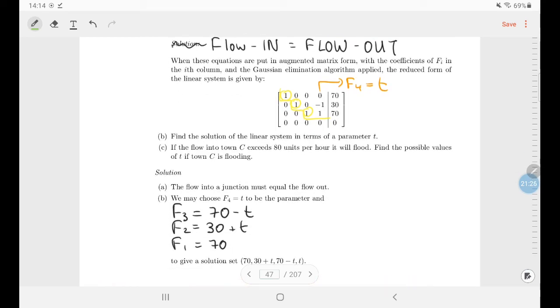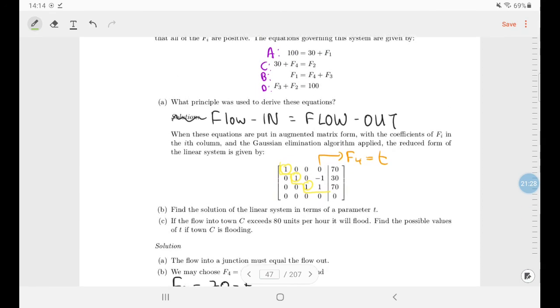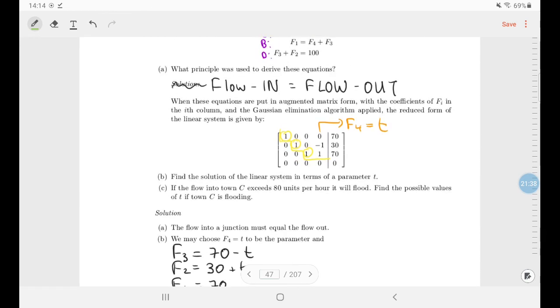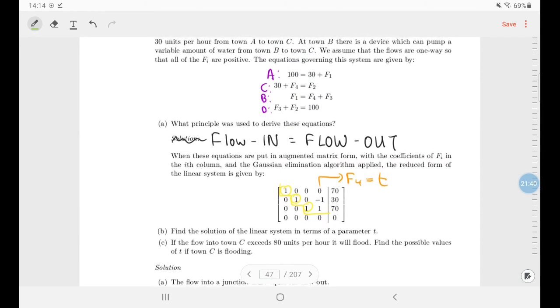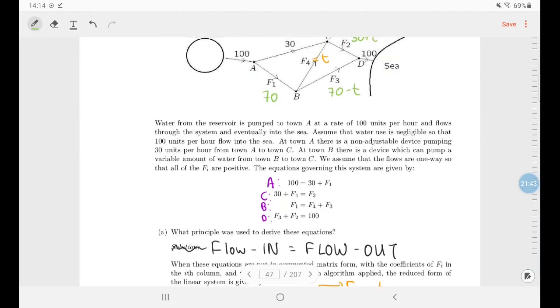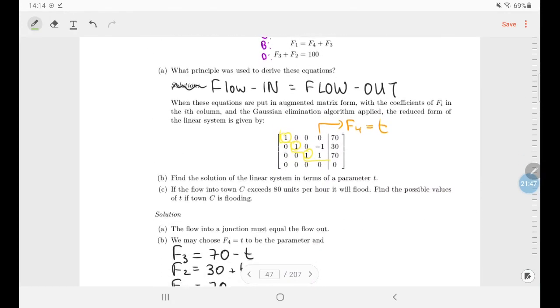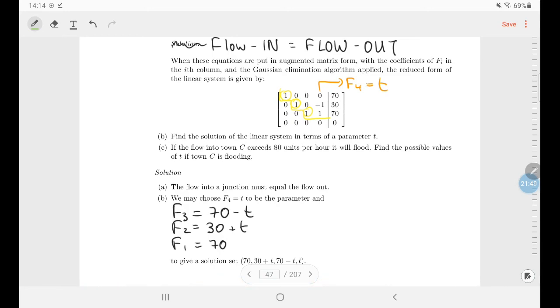I think there's one more question on this. If the flow into town C exceeds 80, it will flood. Find the possible values of T if it is flooding. So let's find the flow into town C. So town C, it's 30 plus T. So let me slow down there.